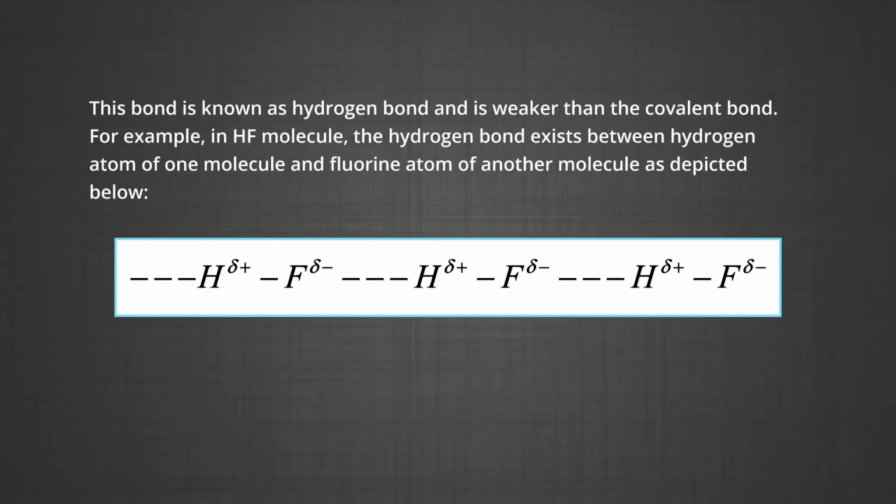For example, in the hydrogen fluoride molecule, the hydrogen bond exists between the hydrogen atom of one molecule and the fluorine atom of another molecule, as depicted below. From the figure you can see that there is a hydrogen bond between the fluorine of one HF and the hydrogen of the other hydrogen fluoride molecule.